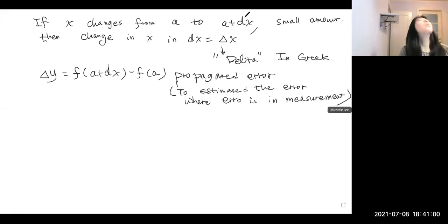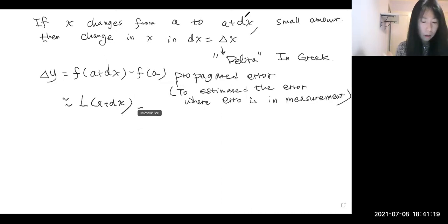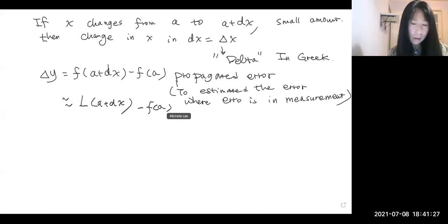Okay, then this is the same as, let me just write down, this is the same as approximately f of a plus dx minus f of a.